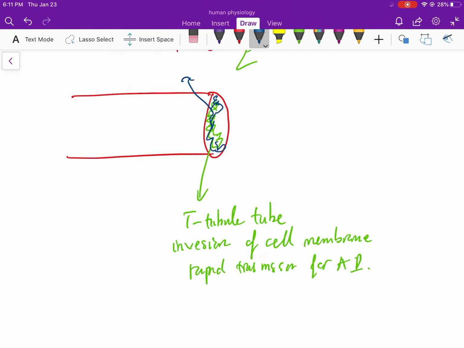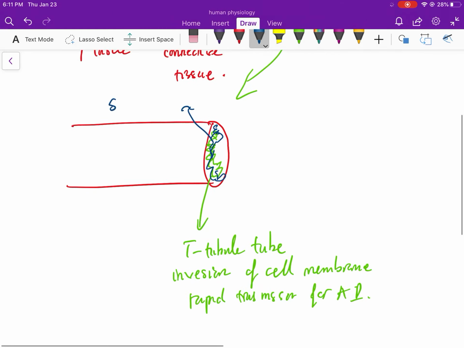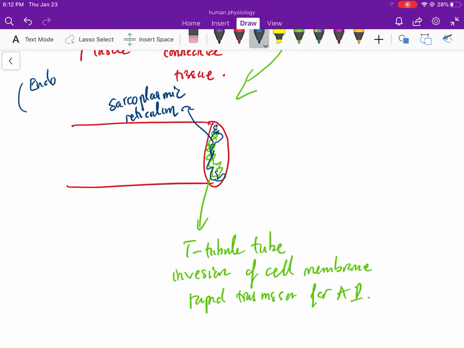Together with the fiber cells, we also have a different layer called the sarcoplasmic reticulum. In other cells we call it the endoplasmic reticulum.